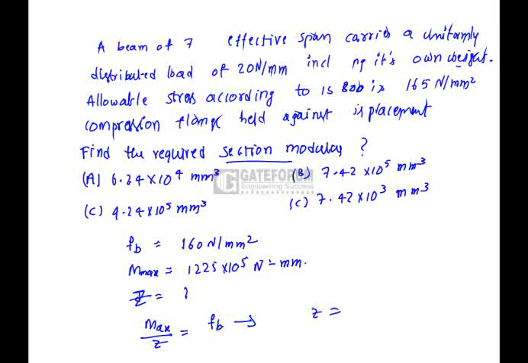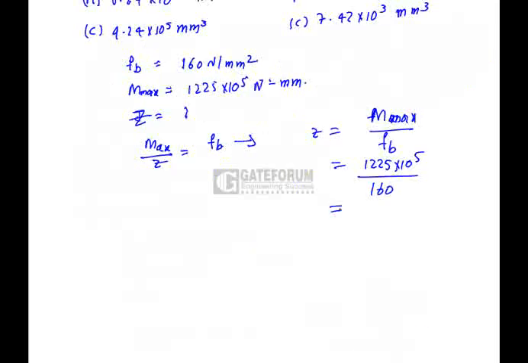So Z is equal to M max divided by FB. M max is 1225 into 10 to the power of 5 divided by 160, that is equal to 7.24 into 10 to the power of 5 millimeter cube. So option B is correct.